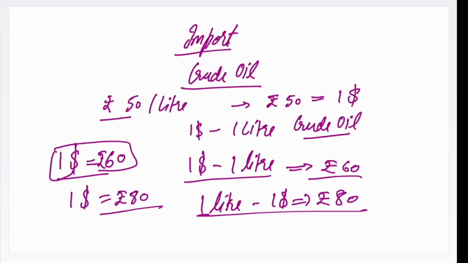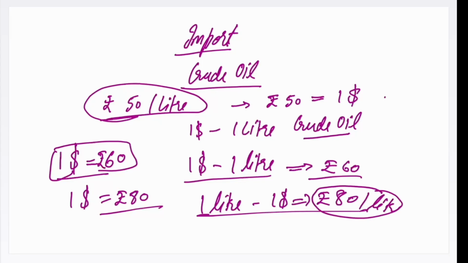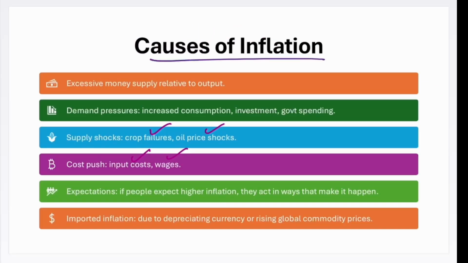Because the value has depreciated, we have come from 50 rupees a liter to 80 rupees a liter, when actually nothing has changed. Only that our currency has depreciated vis-a-vis the dollar, which is the dominant currency in the world. Right? So this is a very important aspect, and this is what we call imported inflation.